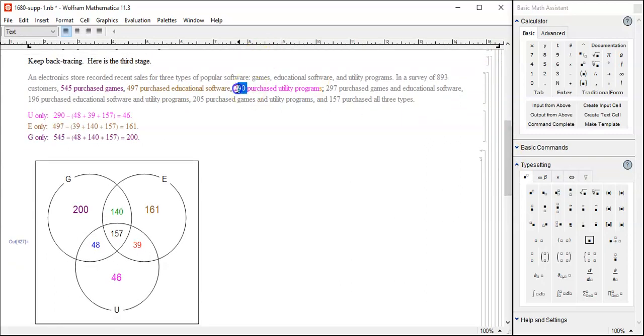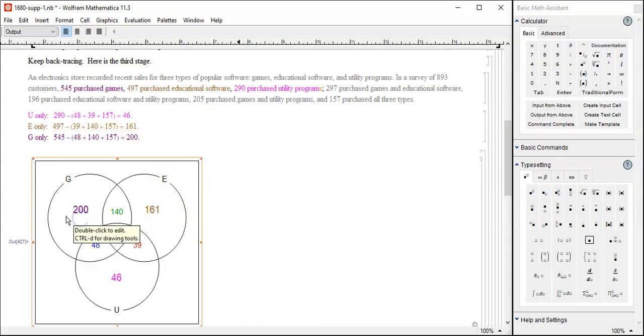So out of 290, I subtracted away the people already inside this utility circle, counted already. And then education, the total is 497. Among these, 140, 157, 39, they are all counted already. So subtraction will give me 161. That's brown.